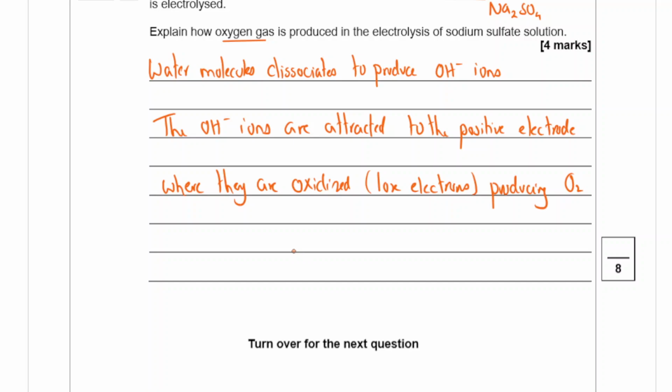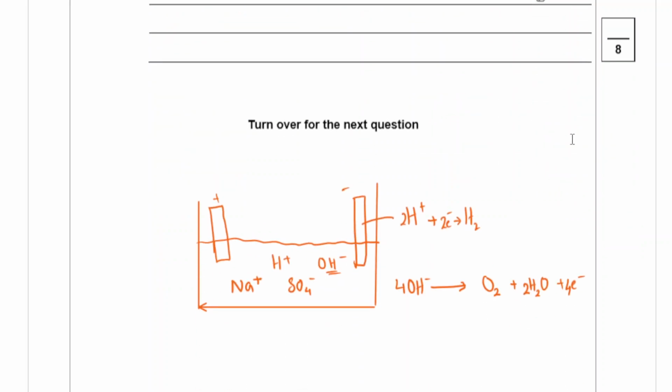Now you don't really have to write the equation. The equation that I described here is just for you to help understand the whole process.